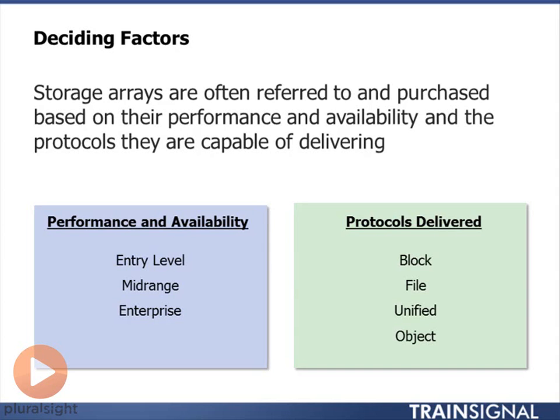If that's the transport they've chosen, you need to make sure that your array supports that protocol. File is NFS and CIFS, the two file-level protocols. Unified is a combination of both. And object would be SOAP and REST over HTTP. Those are the object-based protocols delivered on these arrays.